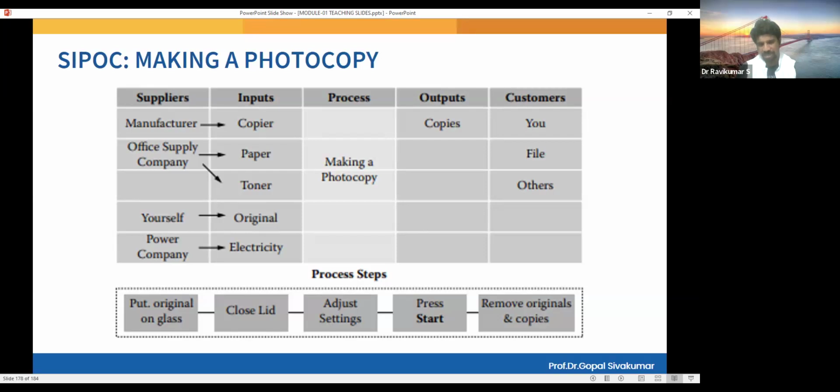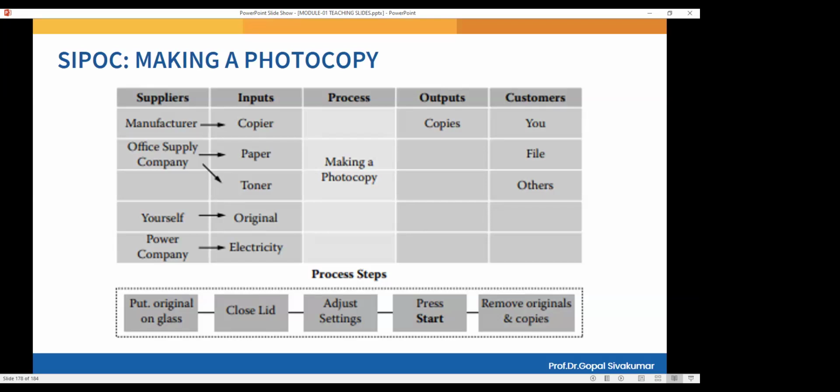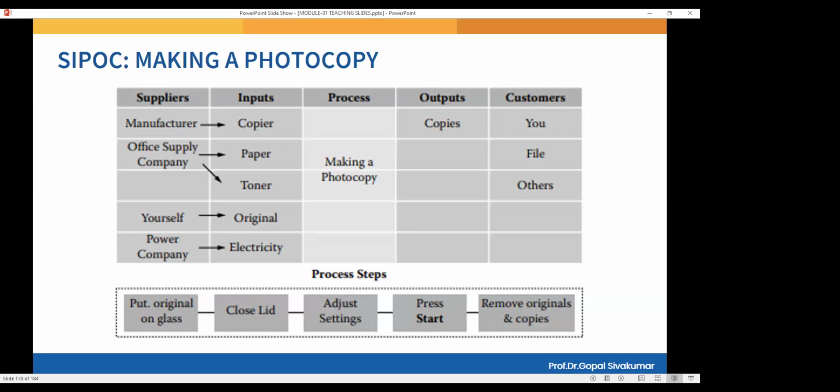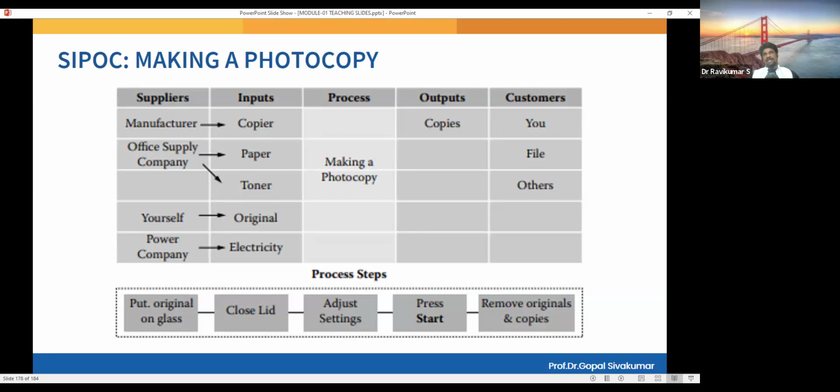What does a manufacturer represent here? The manufacturer who makes paper, the photocopy machine. Yes, the manufacturer who makes the photocopy or Xerox machine is required. Owner. Then you are going to make a copy, so you are also a supplier there. Then the machine uses electricity, so the electricity board is also a supplier.